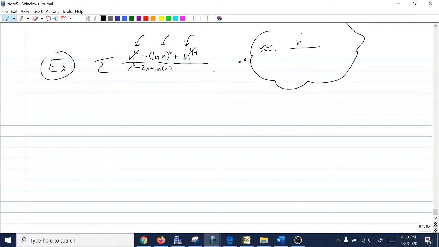So the top is about n to the 1/4. How big is the bottom? The bottom is, I have an n squared, I have an n, I have a log n. The biggest of those is n squared. This fraction should be about the same size as n to the 1/4 over n squared. That reduces. That's 1 over n to the, this is 8/4, so this is 1 over n to the 7/4. That's a convergent p-series.